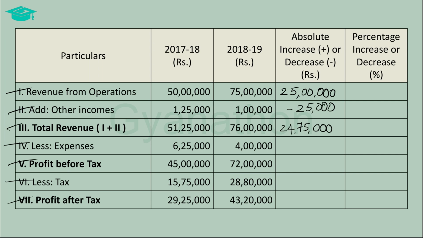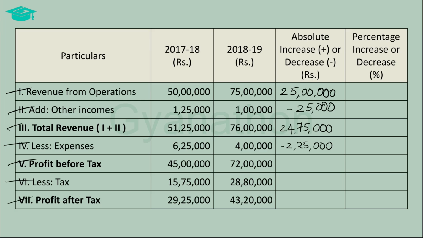The absolute change in expenses is 4 lakhs minus 6 lakhs 25,000, which is a negative of rupees 2 lakhs 25,000. So this means that the expenses have fallen in the second year by rupees 2 lakhs 25,000.